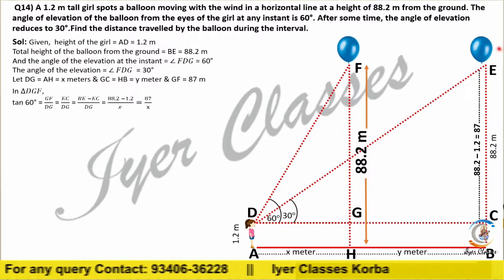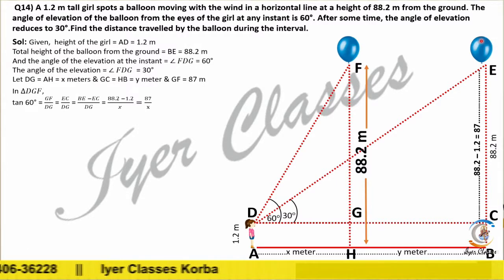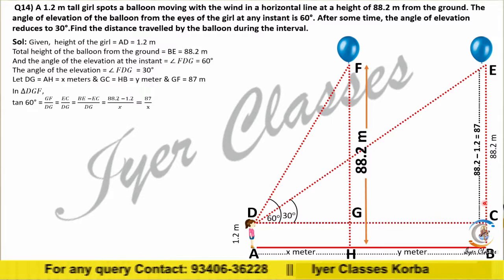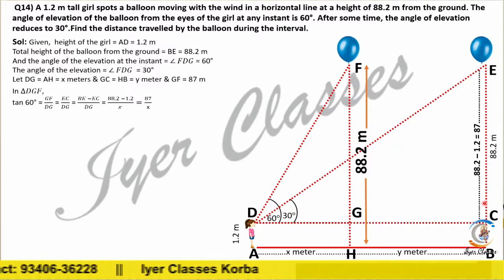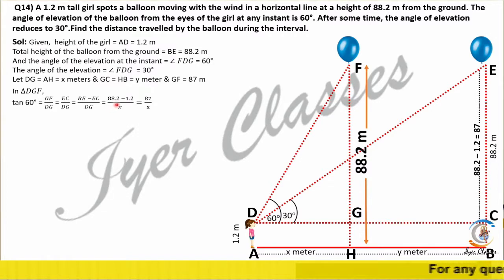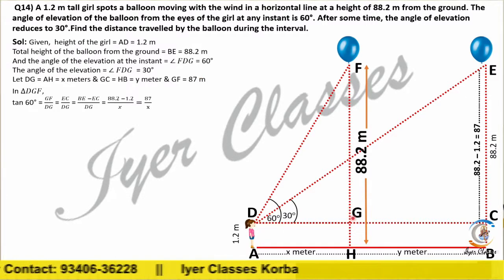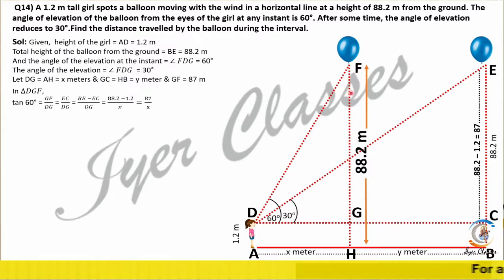It is also equal to EC, and that is equal to BE minus BC, and that is equal to 88.2 minus 1.2, that is equal to 87. And this distance is equal to X. So in this triangle, we know that this distance is 87, this distance is equal to X.